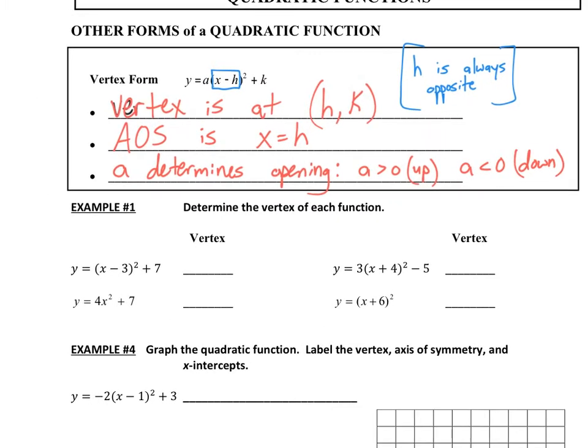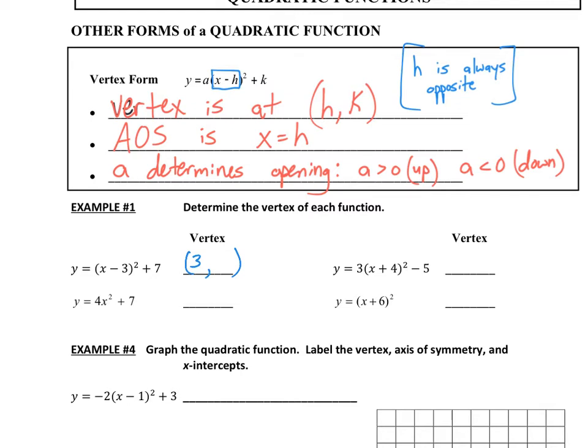So you fill in the box. We want to determine the vertex of the following equations. The first one, the top left, y equals (x minus 3) squared plus 7. When we're talking vertex (h, k), the opposite of minus 3 is a positive 3.